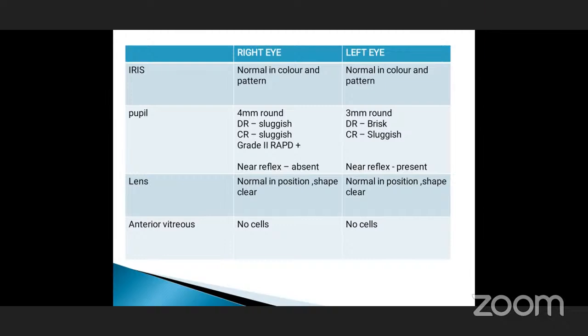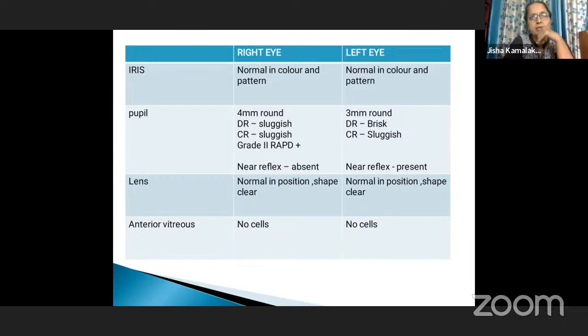Okay. So, can a unilateral optic nerve disease produce anisocoria? Suppose the patient is having optic nerve disease in the right eye alone, will that patient have anisocoria? No. Yes or no? No.